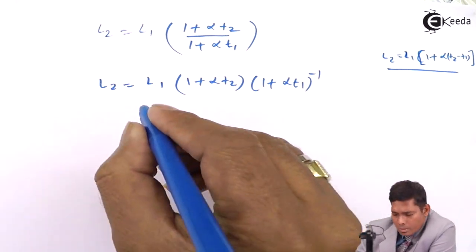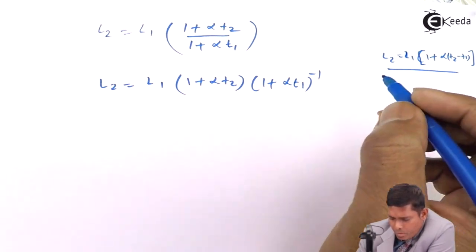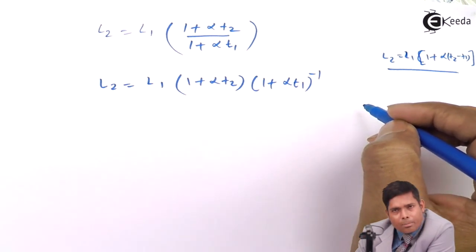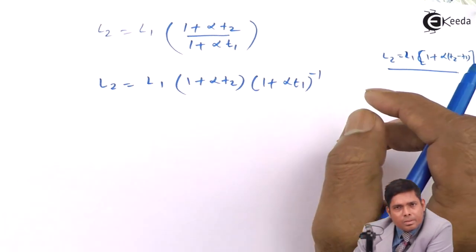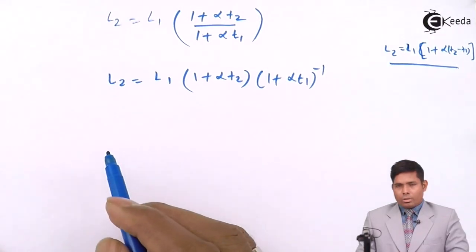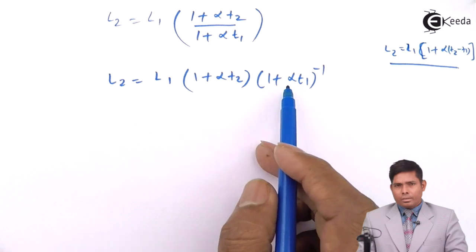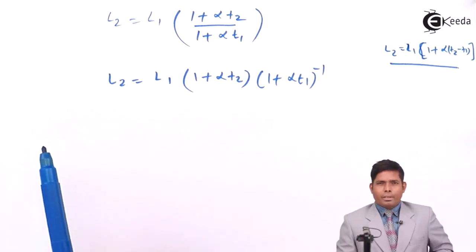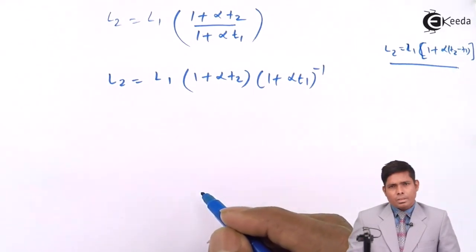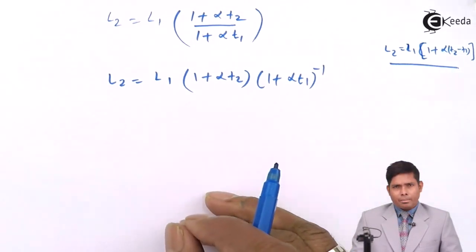As I have told you, the property alpha is material specific. It depends on the material, and because of that, it is independent of any other parameters.